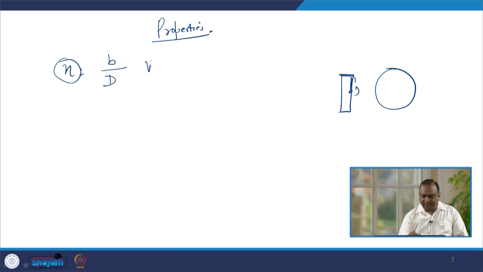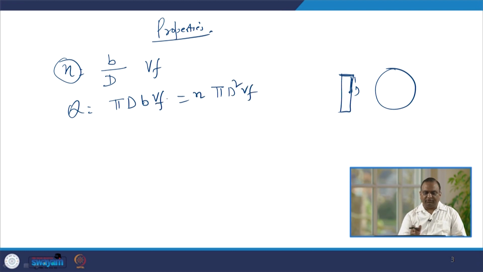If we multiply this with the velocity of the flow, we can find the discharge Q. So, Q is equal to pi d b Vf, or n pi d square Vf. And the velocity of flow we can always take from the velocity triangle. And further, there is a term psi.